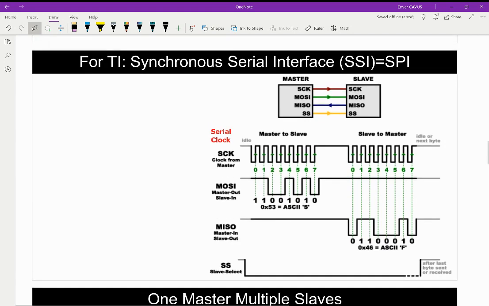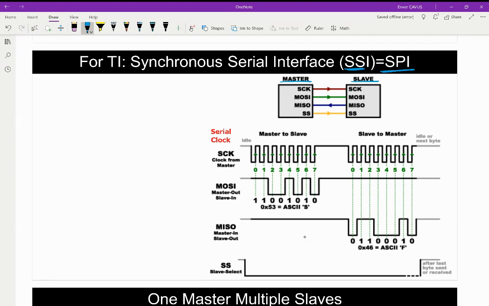So let's look at this synchronous serial interface. This is SSI, but TI calls this SSI, but more commonly this is known as SPI interface, serial peripheral interface. So in this interface, basically we have a master device and a slave device, and we have 4 signals.